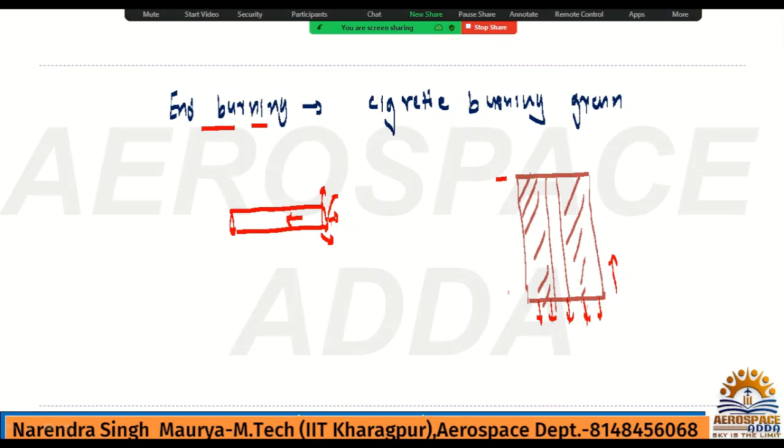Here it is limited by a particular cross sectional burning surface area. The surface area will be here like this, and it will move from end A to end B. This type of burning is called end burning.